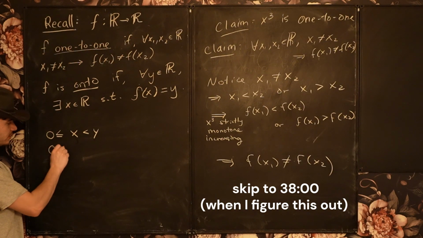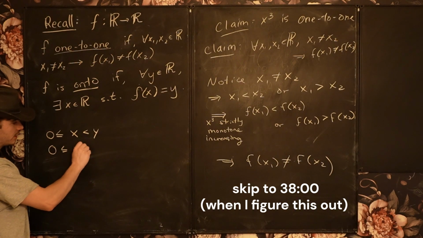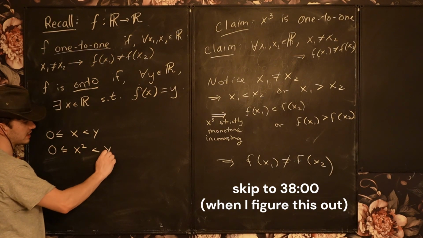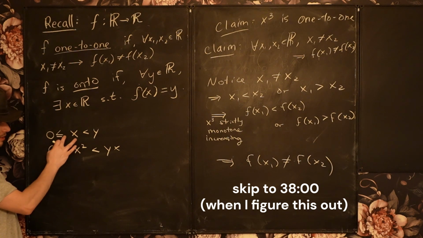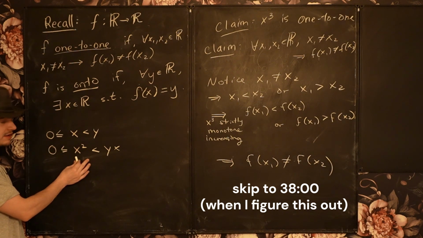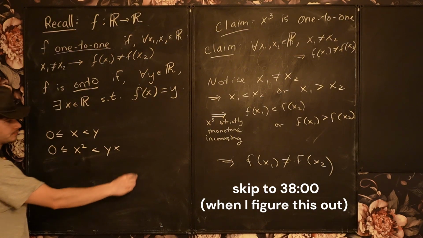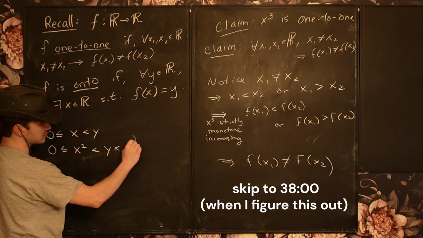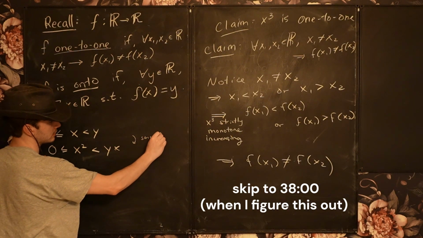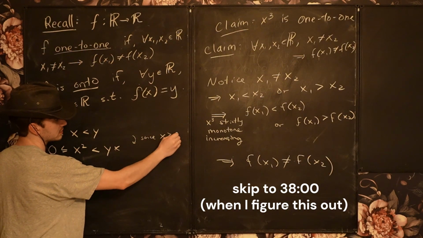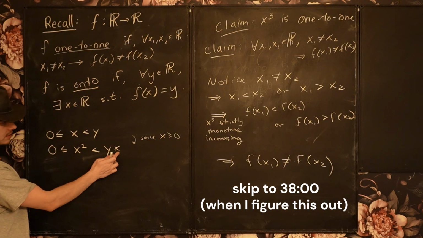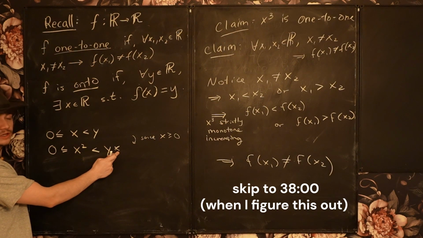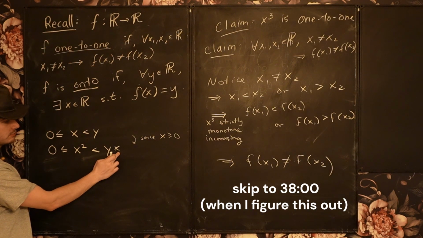So I know that 0 is less than or equal to x squared, which is less than y times x. I'm allowed to multiply these inequalities by x everywhere because x is positive. Okay? So since x is positive, I can multiply the inequalities by this. And then I can replace x on this right-hand side with a y.